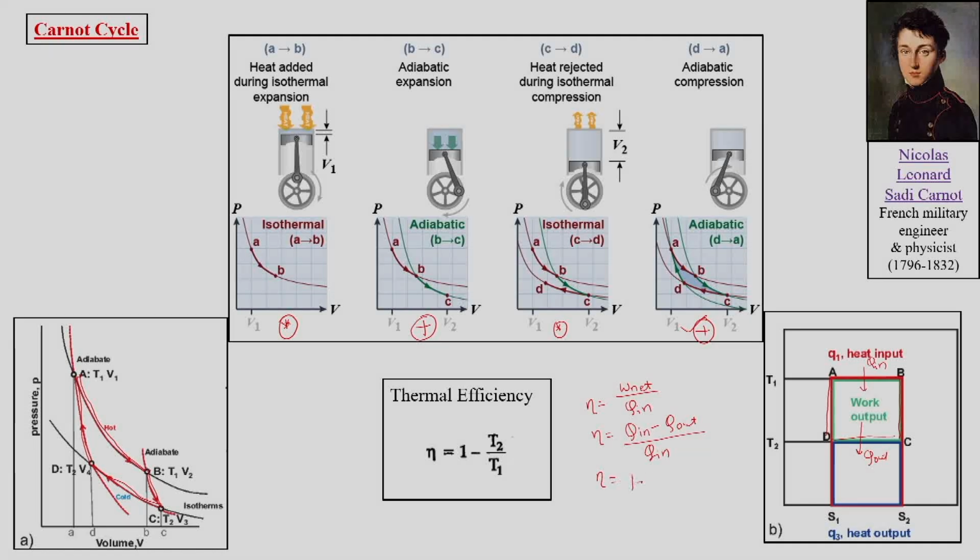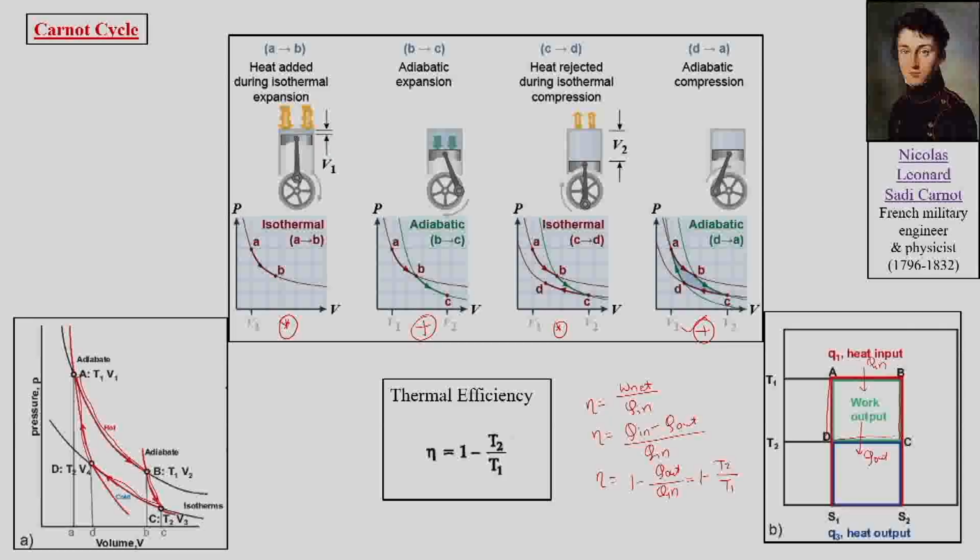So efficiency is generally 1 minus Q out divided by Q in. As per the application of the second law of thermodynamics, we can write this in terms of T2 minus T1, since from the second law we know that Q1 upon Q2 is equal to T1 upon T2, or Q1 upon T1 is equal to Q2 upon T2. So we have this formula for the efficiency of the Carnot cycle.